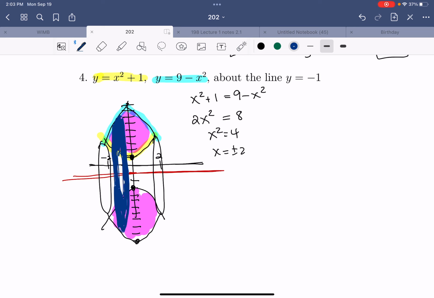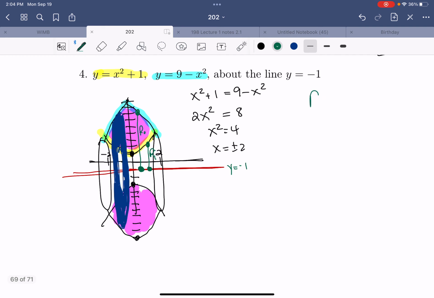Okay, so that's my washer. And we need an outside radius and an inside radius. The outside radius goes from my revolution axis, y equals -1, all the way up to the top. That's my R outside. My inner radius goes from that same line up to the bottom curve. That's my RI.